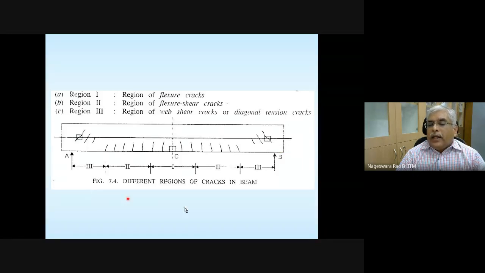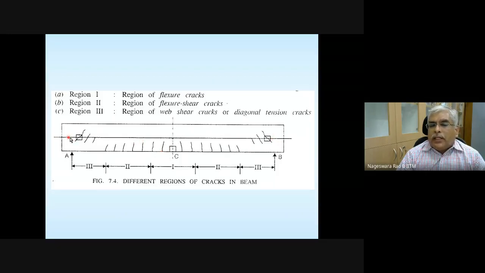These are the different cracks in different regions of a beam. The mathematical reasoning or background for this, you can go back to your principal stresses and principal directions, and based on that you can explain.